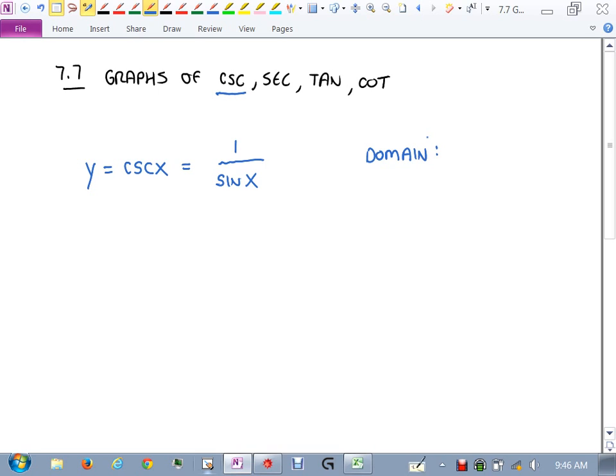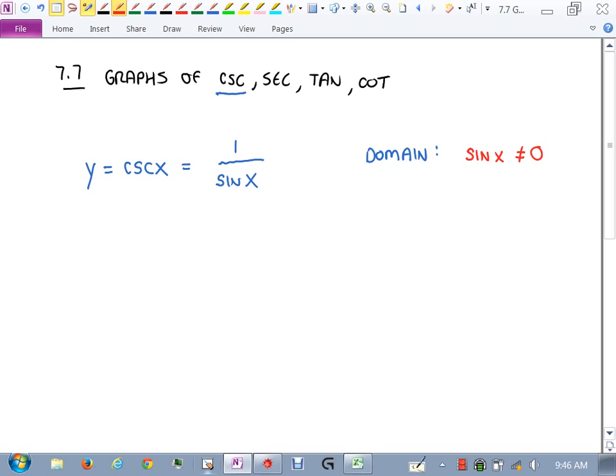When do we have division by 0? Whenever sine x is what? 0, right? So what we know for the domain is that sine of x can't be 0, right? The only way this function is defined is as long as sine of x is not 0.